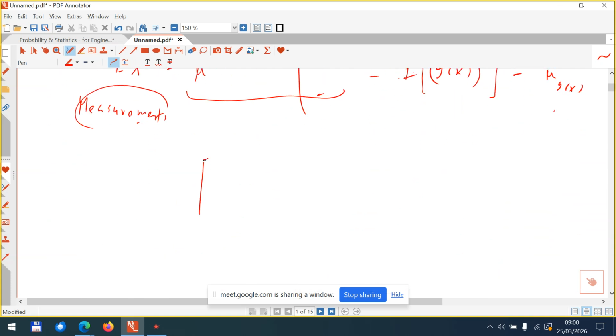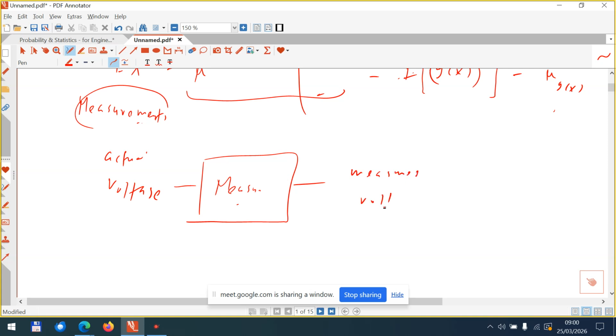Let's say you have a measurement unit which can only measure voltage. So this is the actual voltage, and this is the measured voltage. And if you have some formula, you can then compute the power, right?